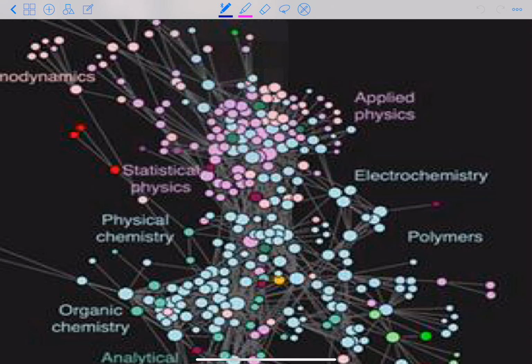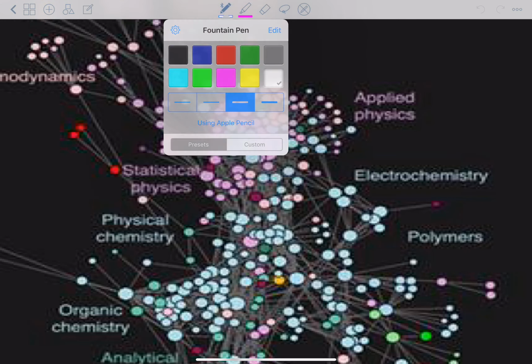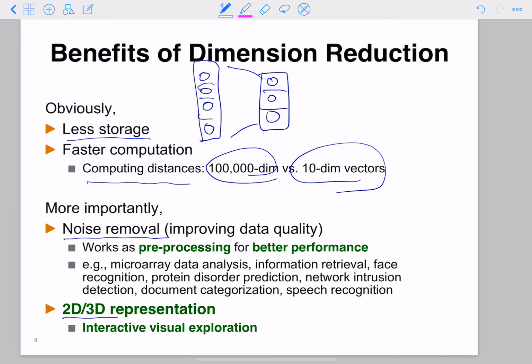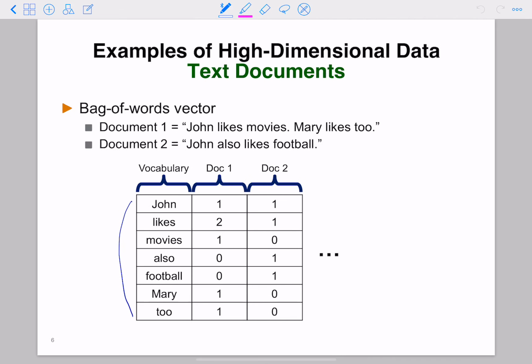subfield of applied science and applied physics and electrochemistry and statistical physics and so on, we can divide each academic discipline in this manner, and then it will have a list of journals corresponding to this area. We can collect all the papers published in this field, and then represent each field as this bag of words representation like this.